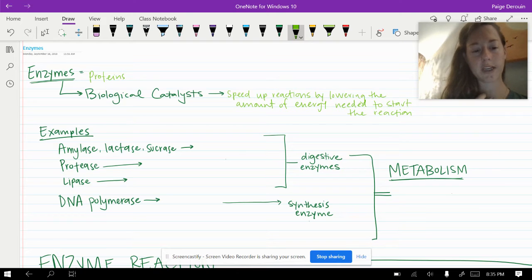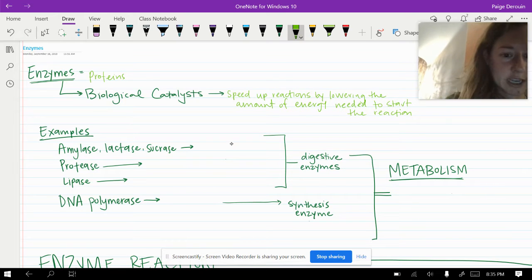Okay, so I wanted to give you some examples of enzymes, and you're going to be doing a project this week that lets you focus in on one of them. Some examples: these first ones, amylase, lactase, and sucrase, are all enzymes that break down different sugars.